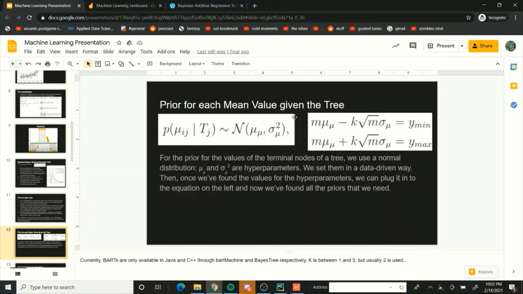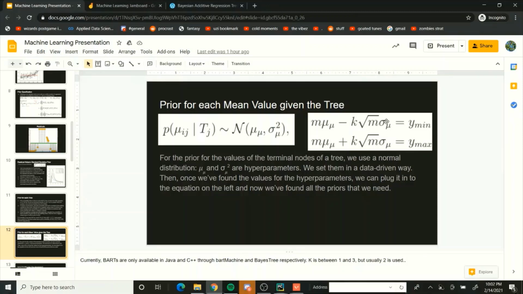So that's why we multiply the mu by m, and it's the sigma squared, but since we're converting it to standard deviation, we've got to take the square root, which is where the square root of m comes from.